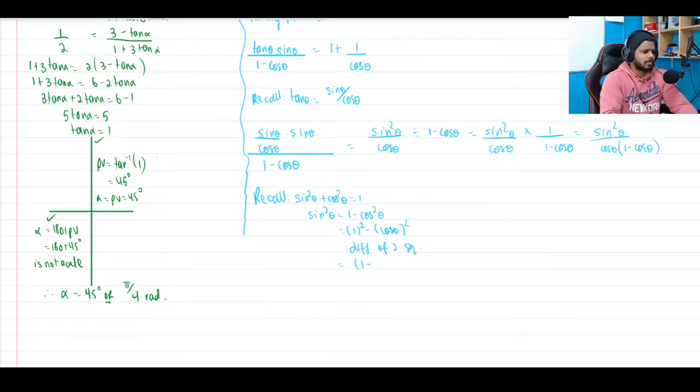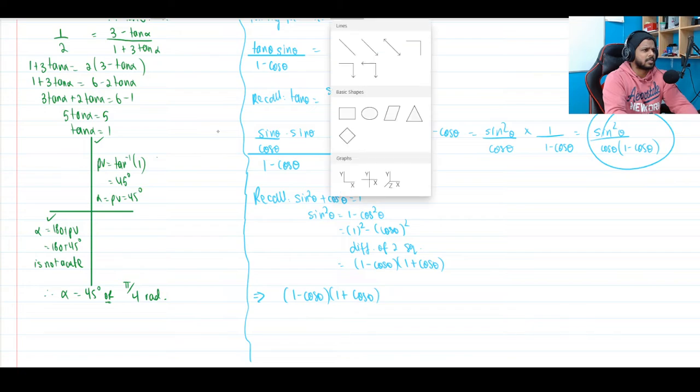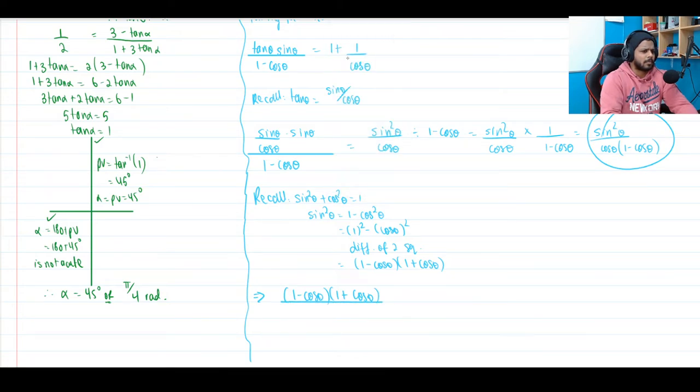I get 1 minus cosine theta into 1 plus cosine theta. So now this turns out to be 1 minus cosine theta into 1 plus cosine theta all over cosine theta into 1 minus cosine theta.